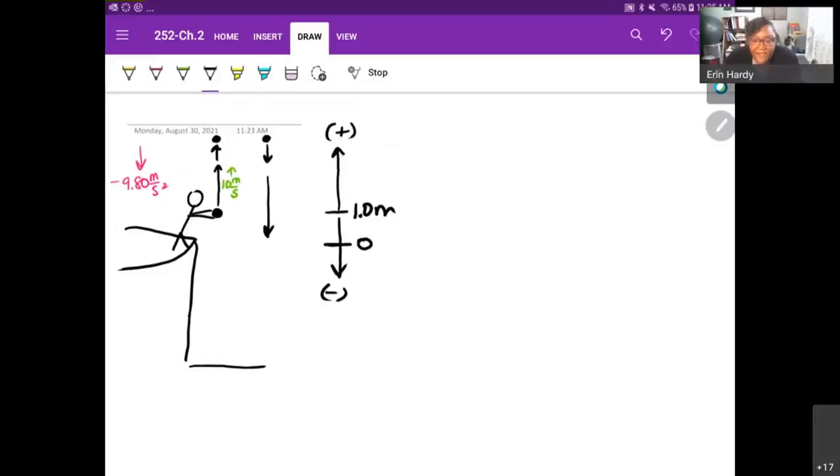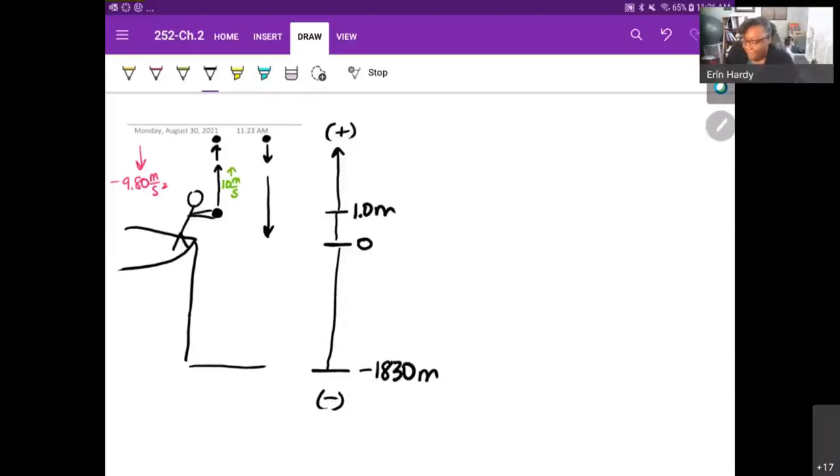We are ultimately trying to figure out how quickly the rock is moving when it hits the bottom of the canyon. So let me extend this. This value right here is going to be negative 1,830 meters.